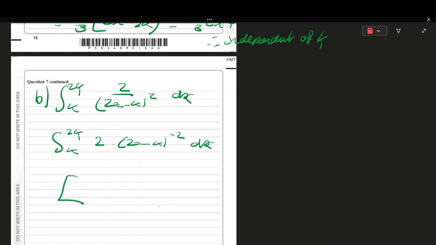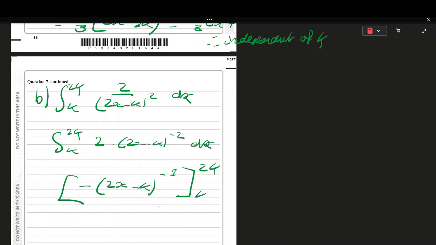So if we do that, we'll get, to divide, we'll get minus 2, minus 1. Add 1 to the power, divide by the new power, and divide by the derivative, sorry. Minus, then we times the bracket, and then add 1 to the power, minus 1.